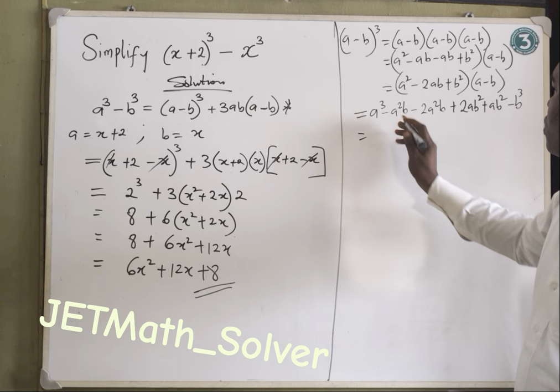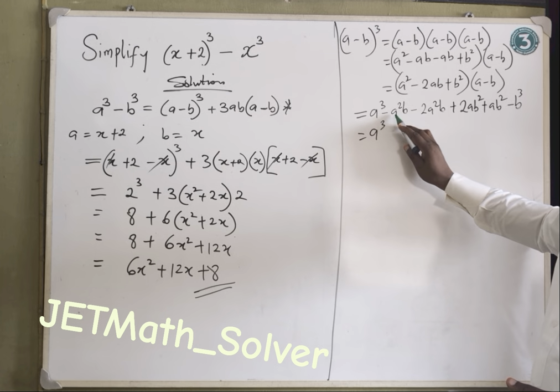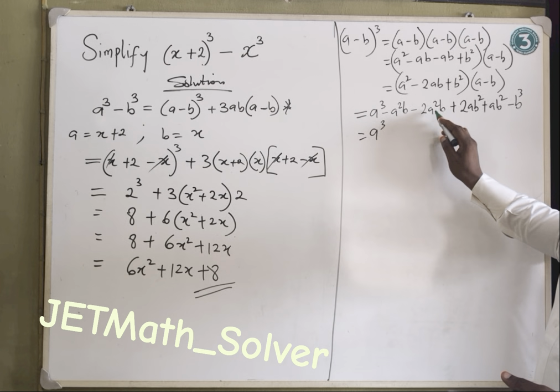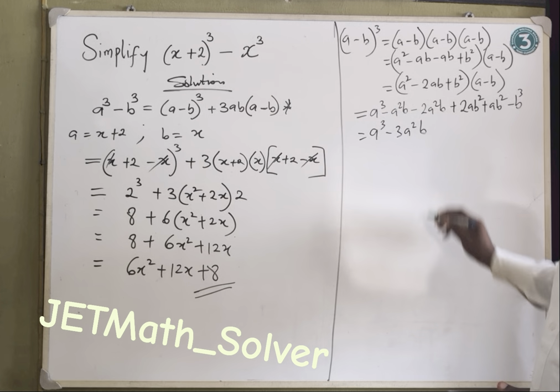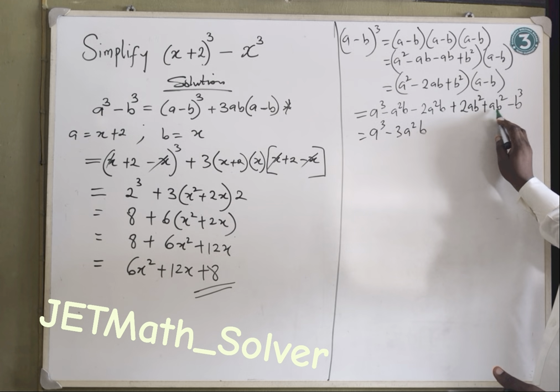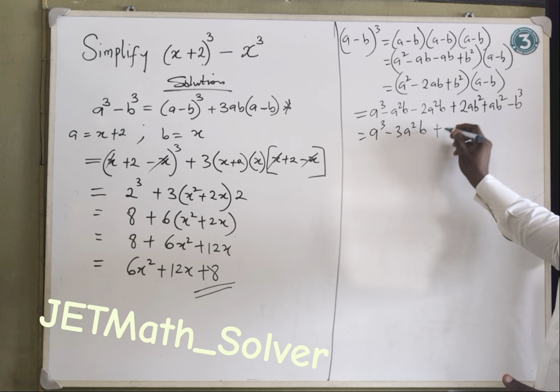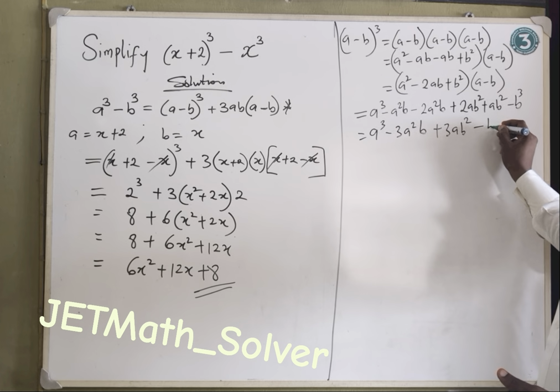Now, let us collect the like terms. A³, minus a²b minus 2a²b will give me minus 3a²b. Now, plus 2ab² plus ab² will give me plus 3ab², then minus b³.